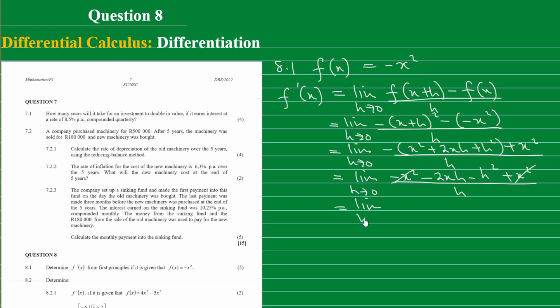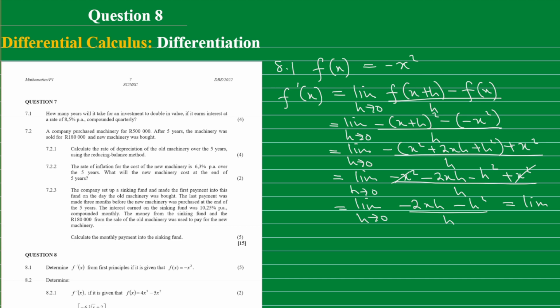So we are going to get the limit as h approaches 0 of negative 2xh minus h squared over h.